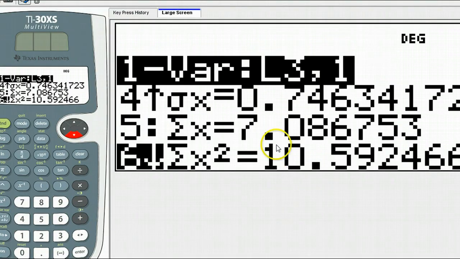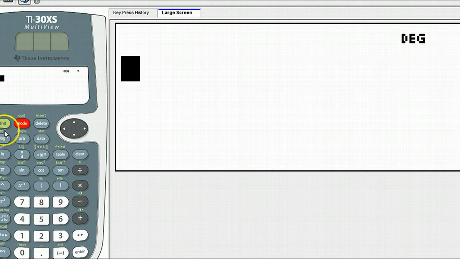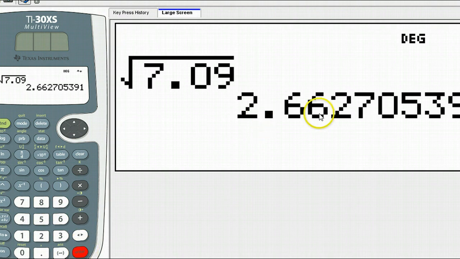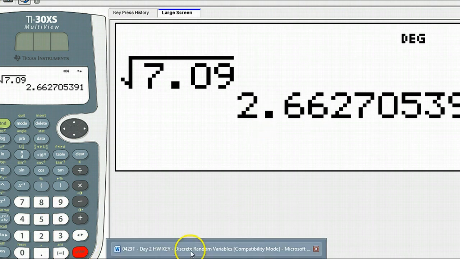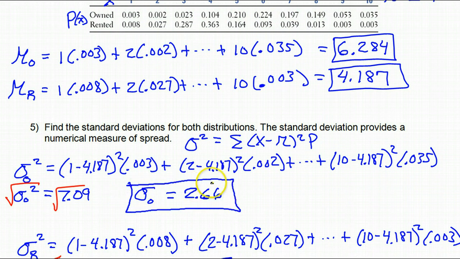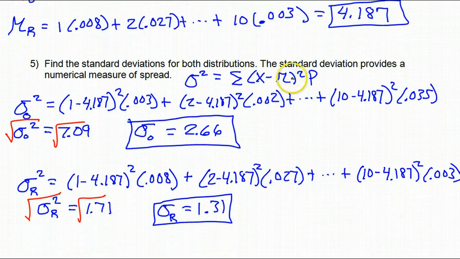So the square root of 7.09 is 2.66. And there is your standard deviation. So we found the standard deviation for both types of unit.